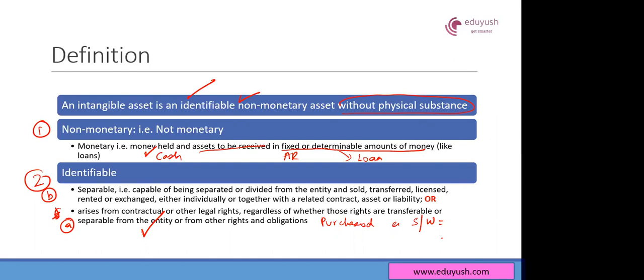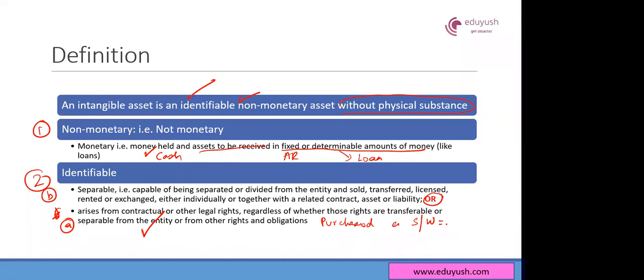Like this, everything that is purchased or bought out is part of your intangible assets. But the next part says separable. So when I say identifiable, it is either A or B. Everything that comes from a purchase from a third party is an intangible asset.